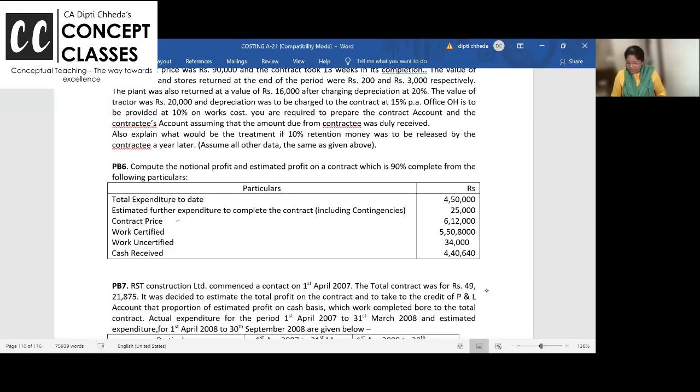Total expenditure till date, future expense, contract price, work certified, uncertified, cash received. Everything is clear. They have asked you to calculate the notional profit and the estimated profit, and 90% of the contract is over. Answer? Chalo fast.